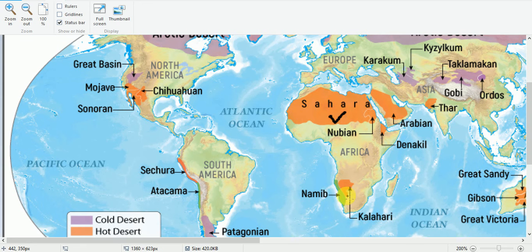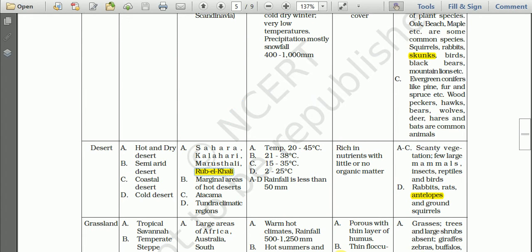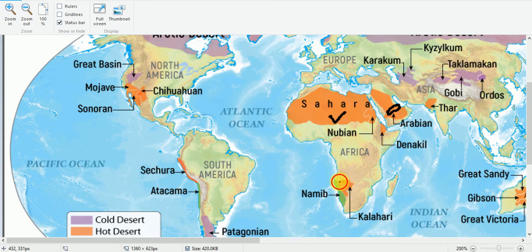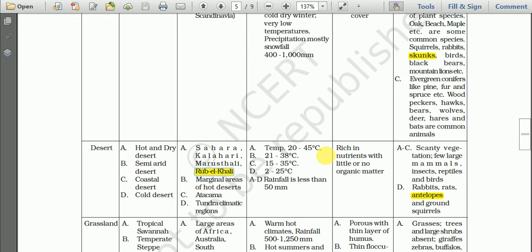Sahara, this is hot desert. Rub' al Khali is here, it is in the Arabian Peninsula. Then Kalahari is here. Then Atacama is here. Then we have this Marustali, that is the third desert. So this is the location of hot desert.